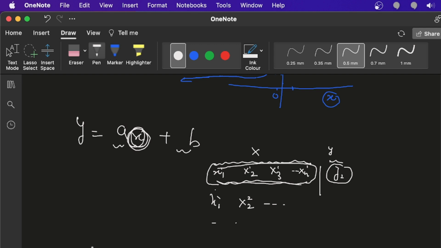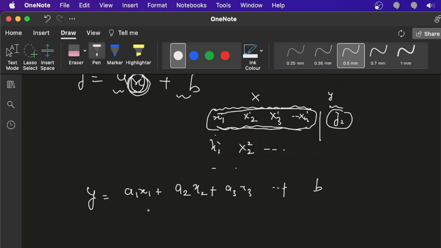Okay, so the equation looks exactly like a1 x1 plus a2 x2 plus a3 x3 plus b.